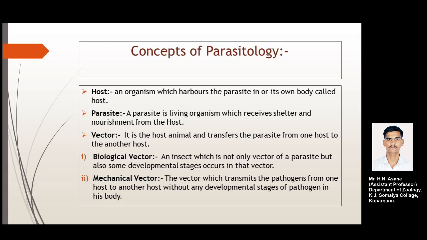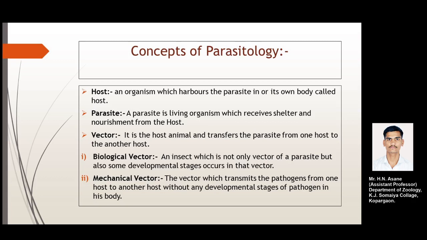Okay, so they play an important role in mechanical transfer as well as biological transfer. The term vector is used to describe almost all kinds of host except the definitive host: the arthropods and many other invertebrates that serve as the host as well as the carrier for the protozoan and other smaller parasites.